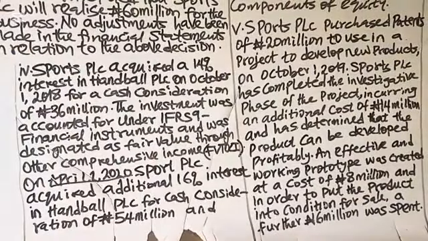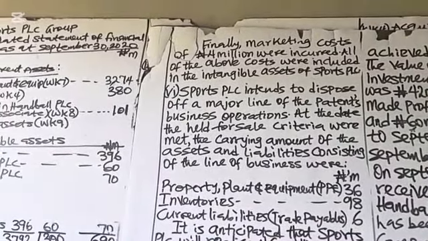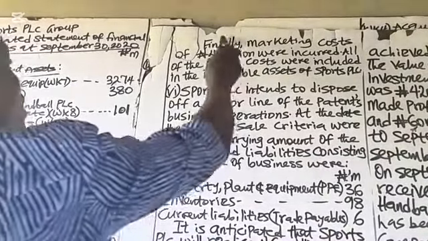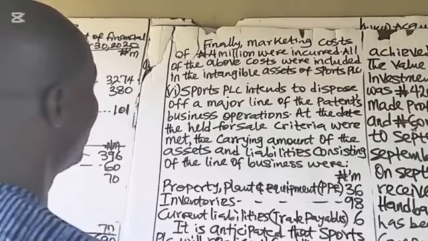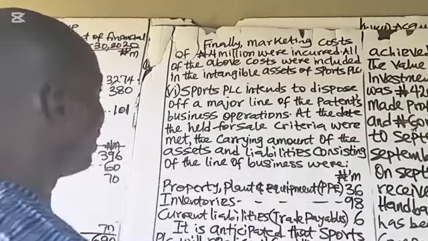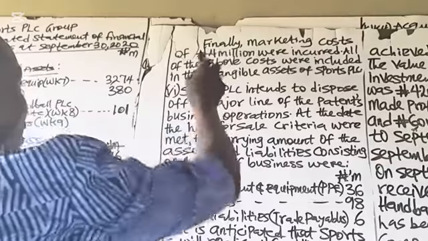So the development costs, the 8 million and the 6 million, meet the capitalization criteria as intangible assets in accordance with the provisions in IAS 38. Now, finally, marketing costs of 4 million were incurred. The marketing cost does not meet the capitalization criteria. That is a revenue expenditure, so it should be expensed.